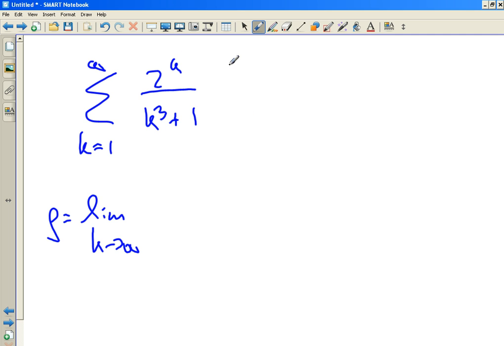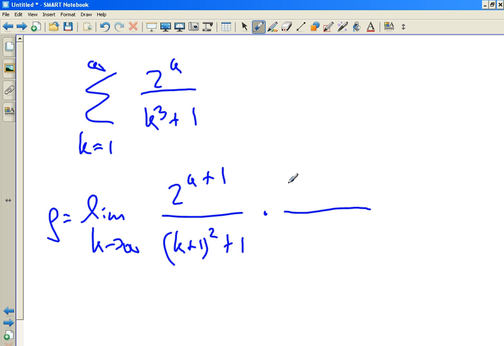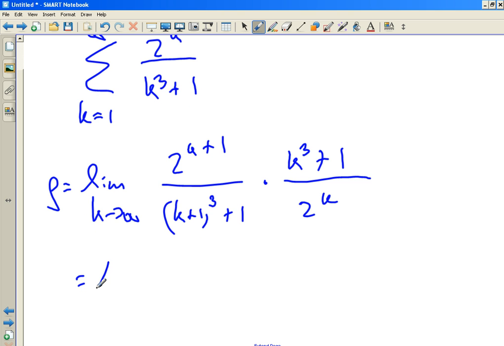How do you write the discrete function u sub k plus 1? 2 to the k plus 1 over k plus 1 cubed plus 1 times, what goes on top? k cubed plus 1 over 2 to the k. Whoops, sorry, this is cubed, right?